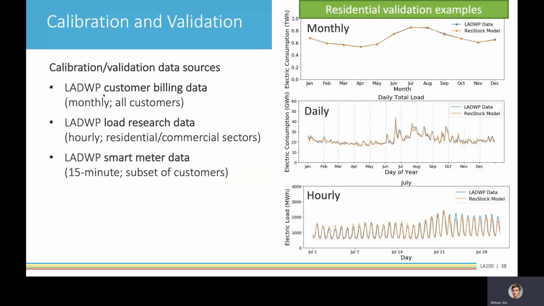It didn't show us the diversity in behavior there. And then finally, we also had access to their smart meter or advanced metering infrastructure data, which has 15-minute resolution, but only for a subset of the customers, especially on the commercial building side. That was useful for comparing results for specific building types.